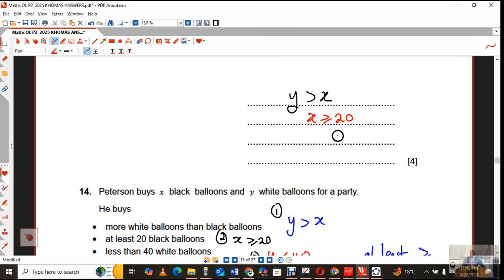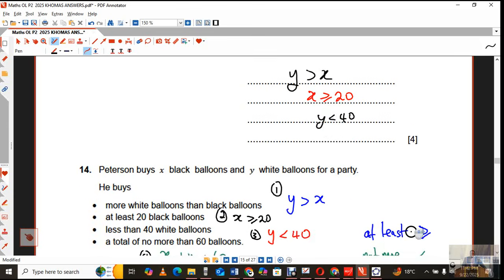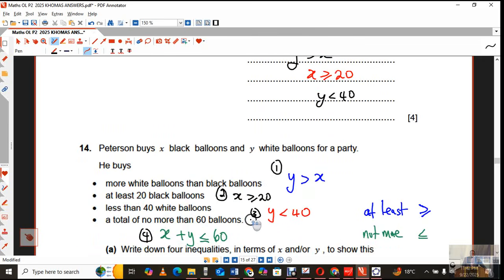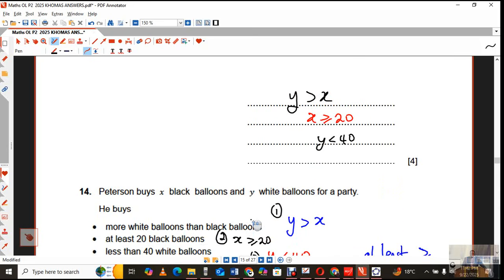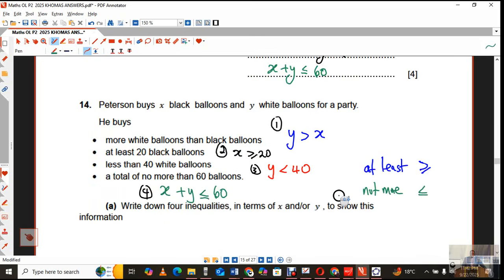Okay, just make sure of that. And you have got Y is less than 40. Let's make sure, got that. And X plus Y is less than or equal to 60. Okay, X plus Y is less than or equal to 60. So those are my 4 inequalities.